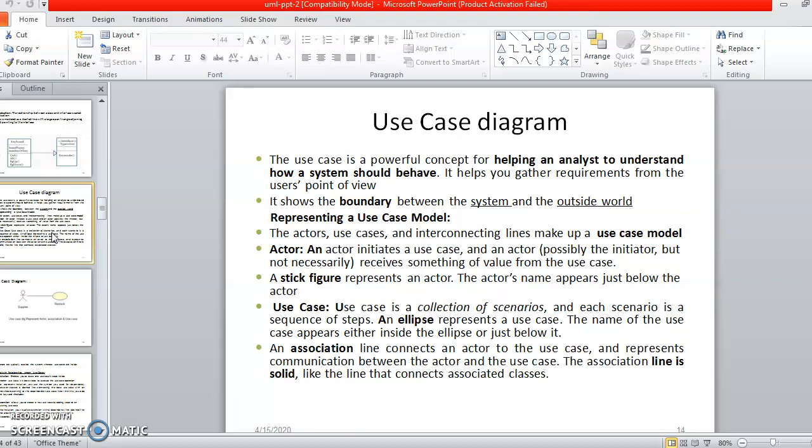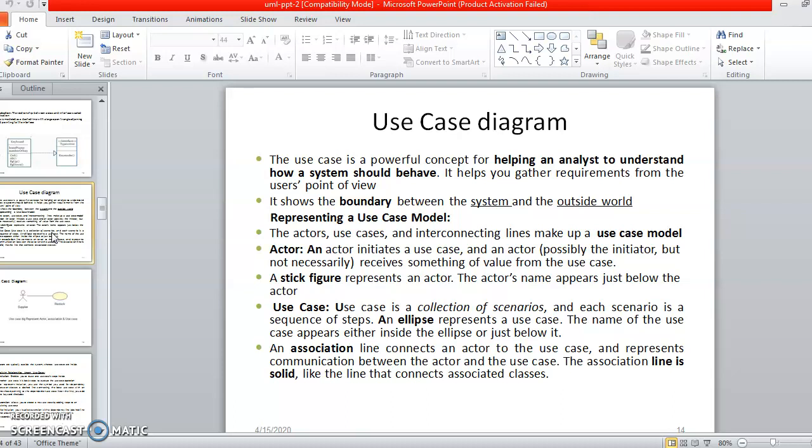Next one is use case. A use case is a collection of scenarios and each scenario is a sequence of steps. An ellipse represents a use case. The name of the use case appears either inside the ellipse or just below it.